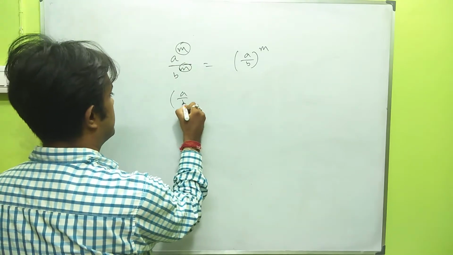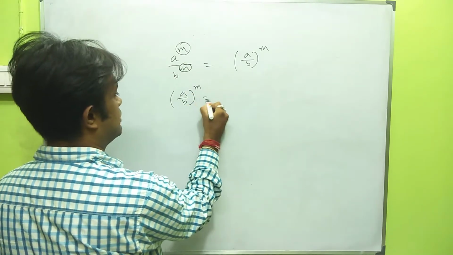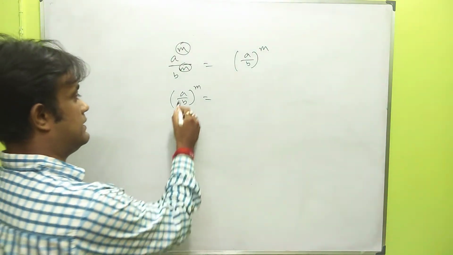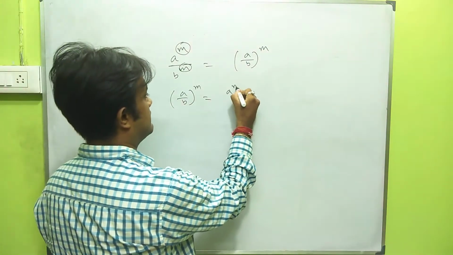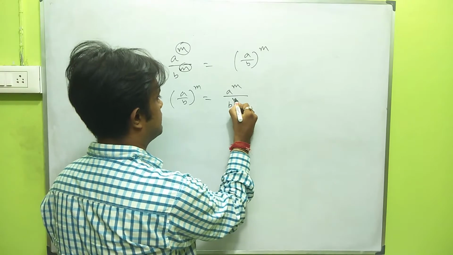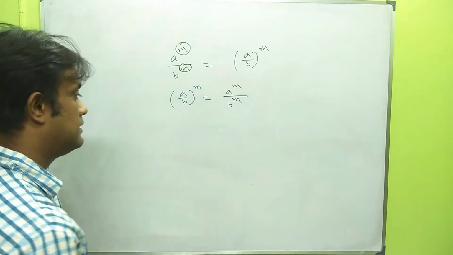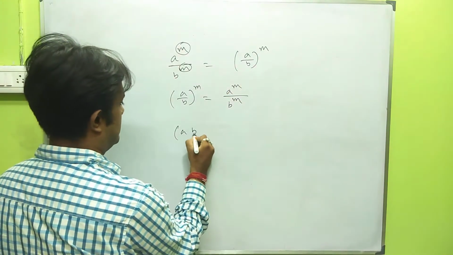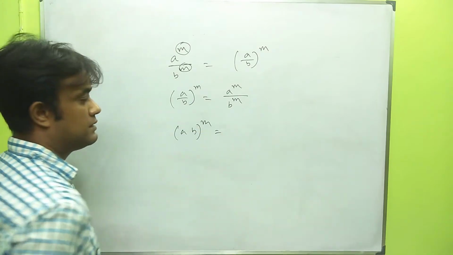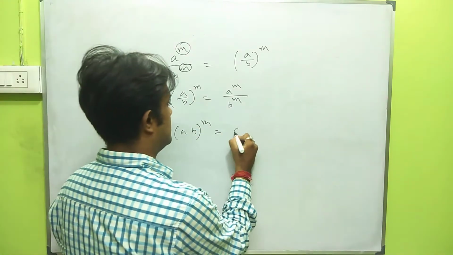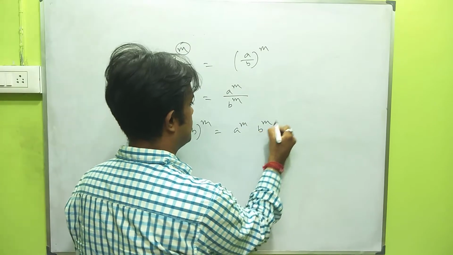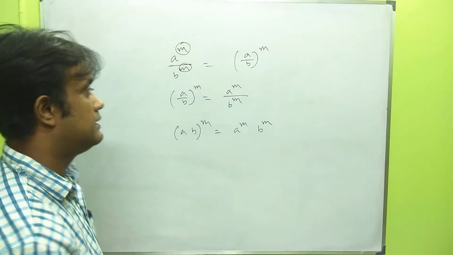That is, if a by b to the power m is given, then we can write a to the power m by b to the power m. If ab to the power m, this will be a to the power m into b to the power m.